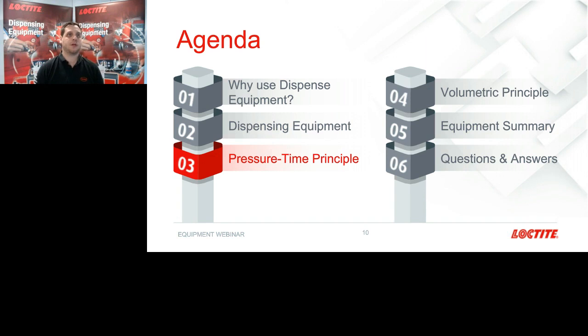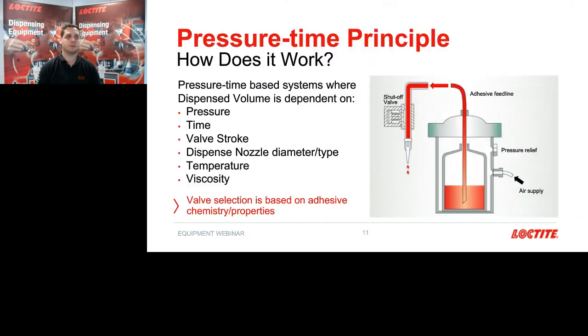So moving then on to the pressure time principle. How does it work? What you can see here in the image on the right is an adhesive bottle placed directly into the reservoir. What's really important here, and that is a critical point, is that the adhesive isn't decanted or poured into a reservoir.